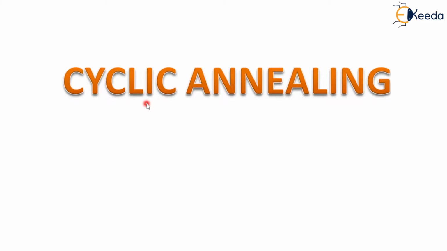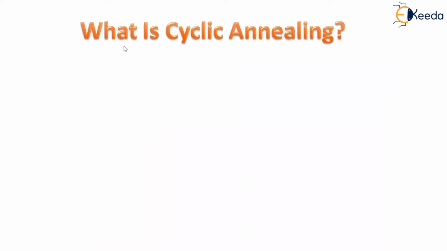Now, let me start with how the cyclic annealing process is done. First of all, what exactly is the cyclic annealing process? In any heat treatment process, the first important point is up to what temperature the material is going to be heated and in what environment it has to be cooled.